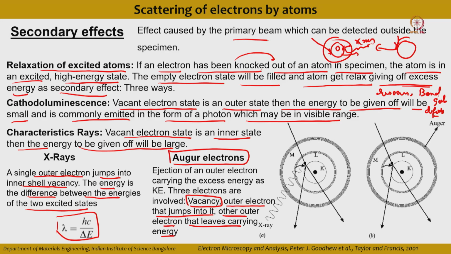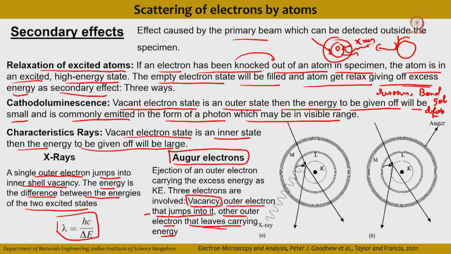It means that when an electron is knocked out from the inner shell, an outer electron will jump into the inner shell vacancy, and whatever energy is released at that time is used by the other outer electron that leaves carrying the energy.